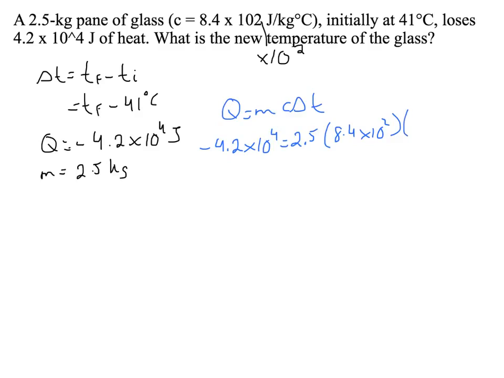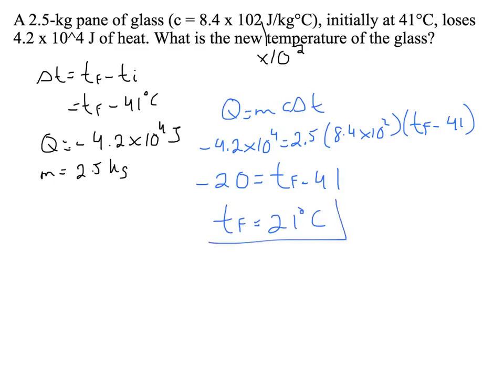And our delta T is going to be TF minus 41. Now a little bit more math involved. Do a little division on the left side of the equation and you're going to get negative 20 equals TF minus 41. You rearrange and you get a TF value of 21 degrees Celsius.